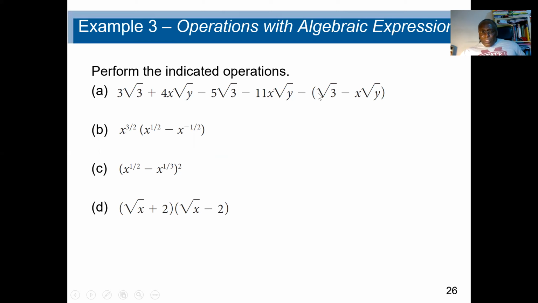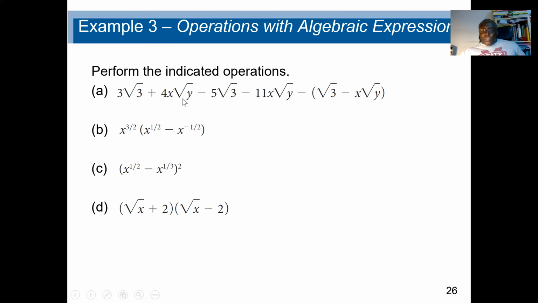So I get negative, negative 5, and also positive 3. This means I'll get 3 square root of 3. Sorry, not cube, square root of 3. So 3 square root of 3, negative 5 square root of 3, minus square root of 3.